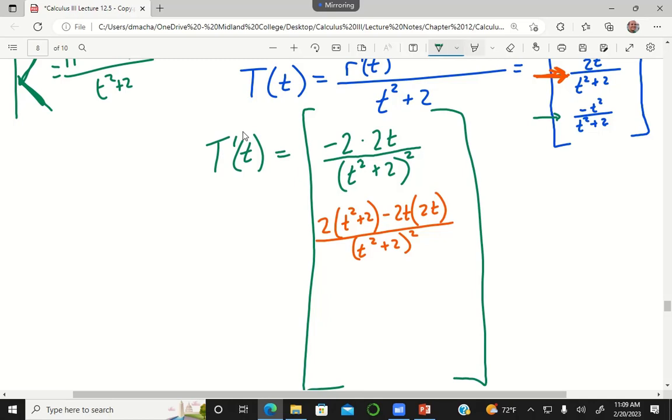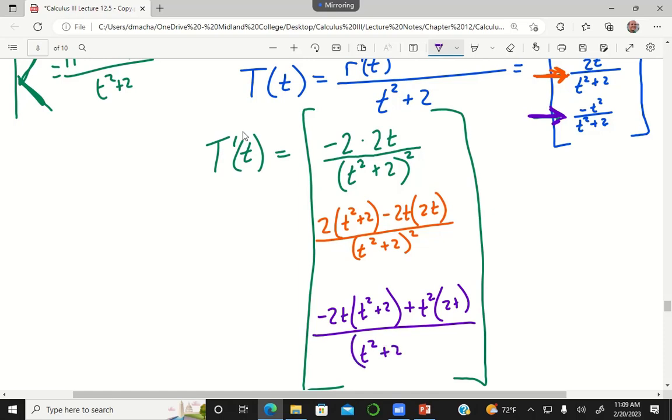And then for my last element, the z component, down here, I have f prime, which is negative 2t, times g minus f, which is negative t squared, times g prime, which is 2t. Again, over g squared. So that is T prime of t.